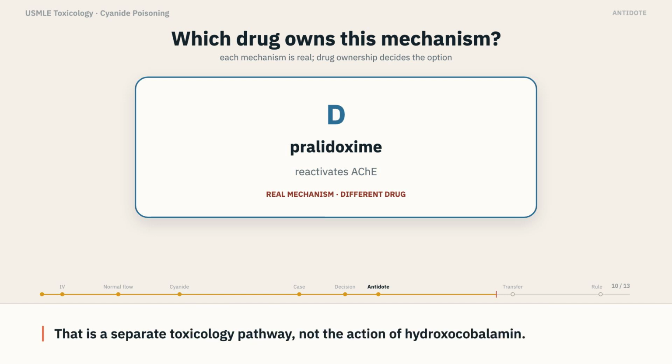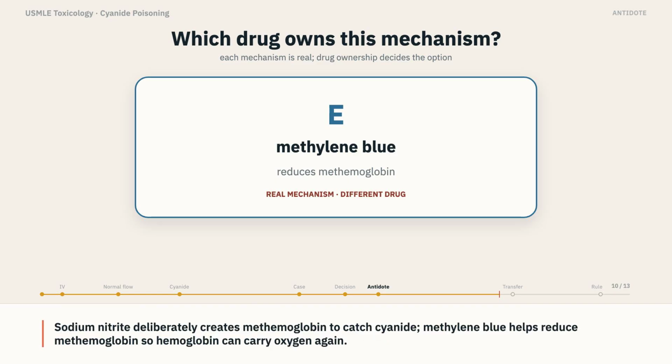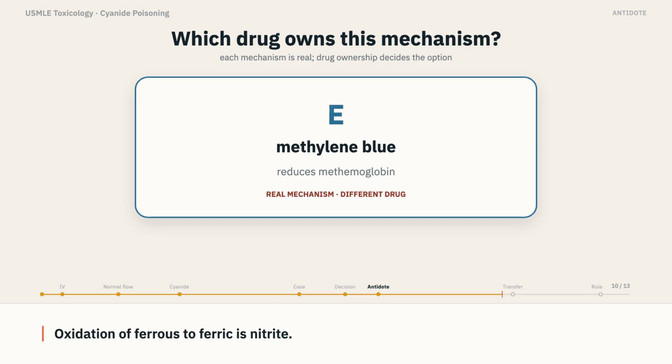That is a separate toxicology pathway, not the action of hydroxocobalamin. Option E runs in the opposite direction from option A. Sodium nitrite deliberately creates methemoglobin to catch cyanide. Methylene blue helps reduce methemoglobin so hemoglobin can carry oxygen again. Oxidation of ferrous to ferric is nitrite. Reduction of ferric to ferrous is methylene blue.